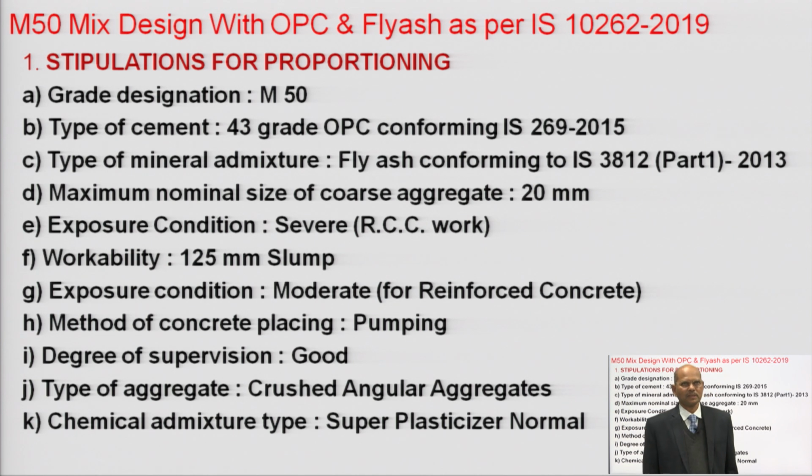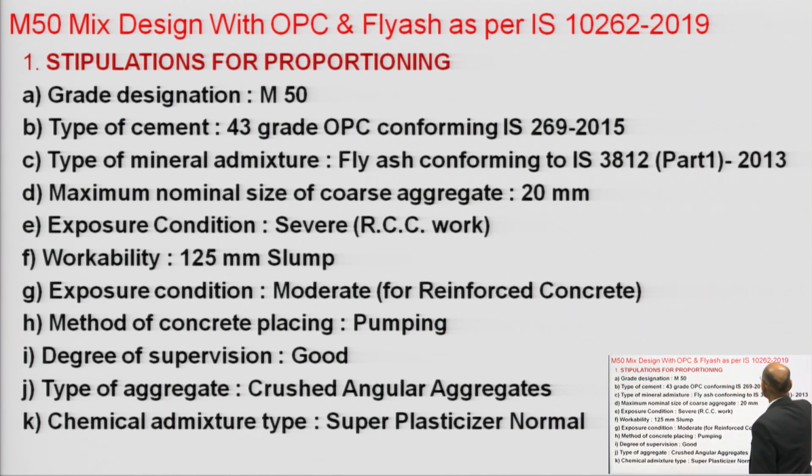First, what will be the data given. The grade designation will be given; in this particular example I have taken M50 grade concrete, and type of cement 43 grade OPC conforming to IS 269-2015, and type of mineral admixture fly ash conforming to IS 3812 part 1 2013.